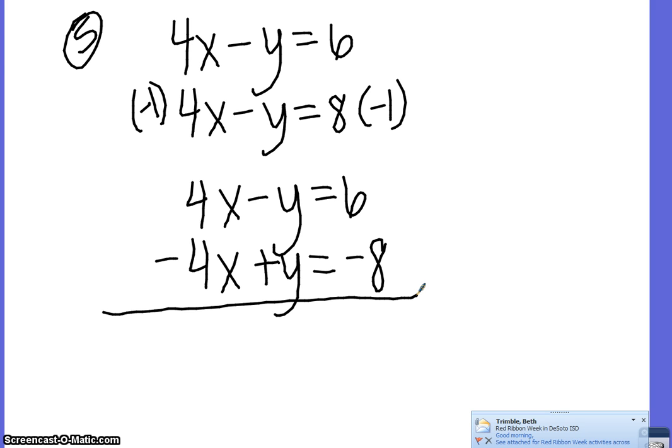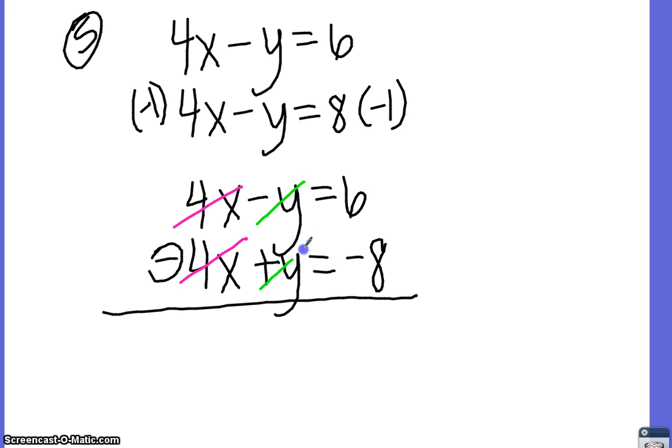Well, because there's a minus sign right here, I'm going to end up subtracting them. So look what happens. I have 4x minus 4x. Those cancel. But look what also happens to my y variables. My negative y and my positive y are going to cancel. So all I'm left with is that 6 is equal to a -8.